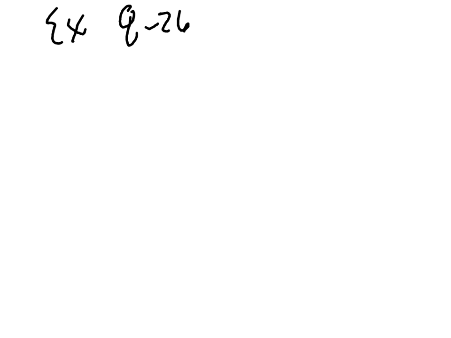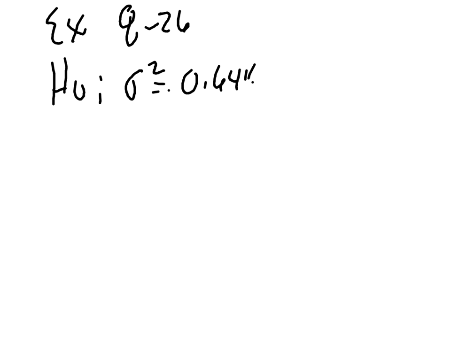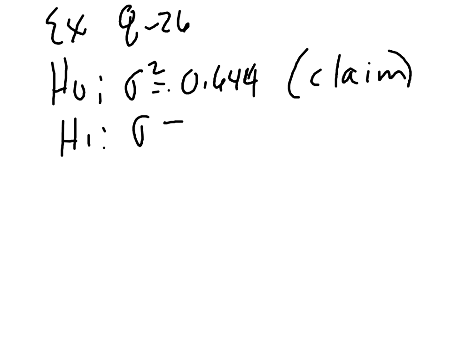One, that that's going to be the claim, but they've given us the term the variance. Of course, we're talking about the population variance. And then our alternative hypotheses would be the variance is not 0.644.